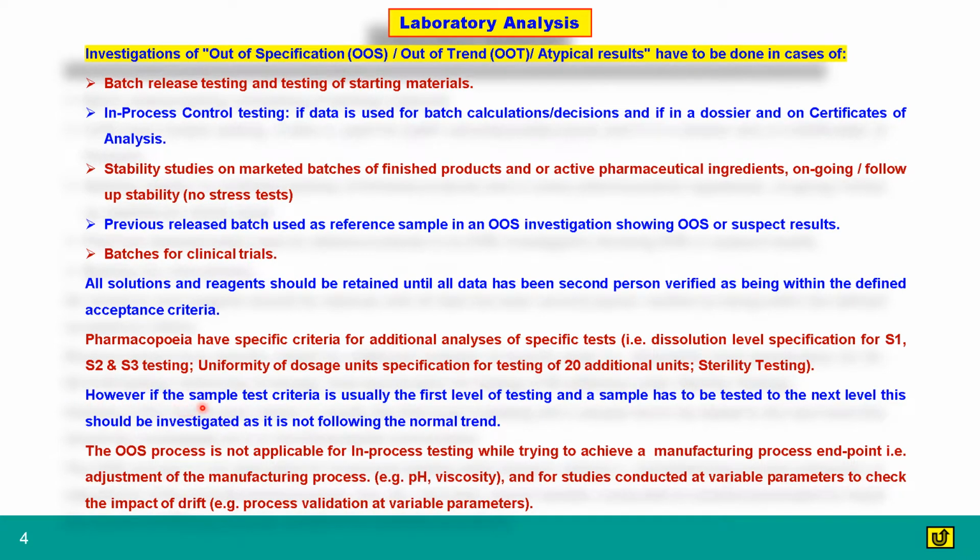However, if the sample test criteria is usually the first level of testing, and a sample has to be tested to the next level, this should be investigated, as it is not following the normal trend.